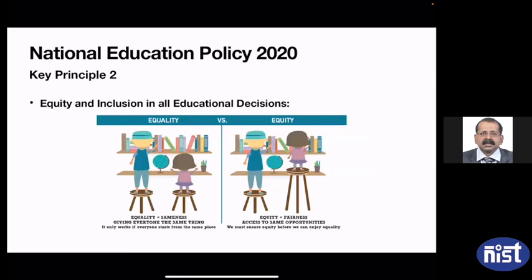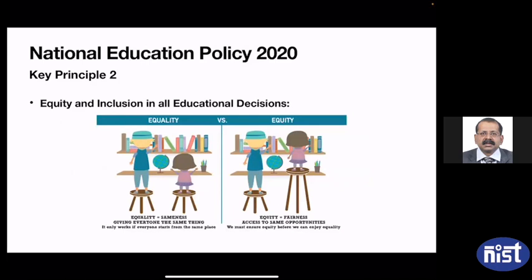Then the other principles, I've just picked up some of the key principles which appeal to me. There are more key principles. The second principle which appealed to me was equity and inclusion in all educational decisions.